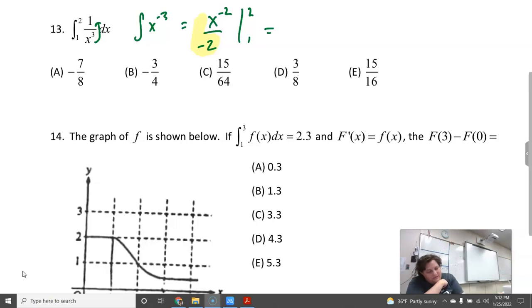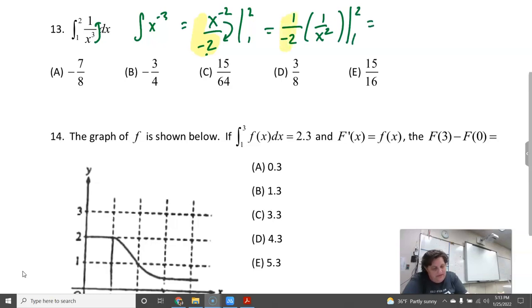That's just a negative 2, but I can still bring it out front. And then this, I can move back down. So if you move something up and you got to evaluate it, let's move it back down. Okay, and this will be x squared on the bottom. So the negative 2 went outside, and that went down to the bottom.